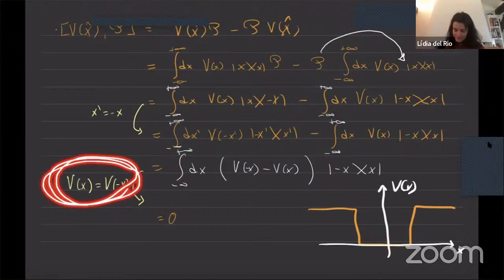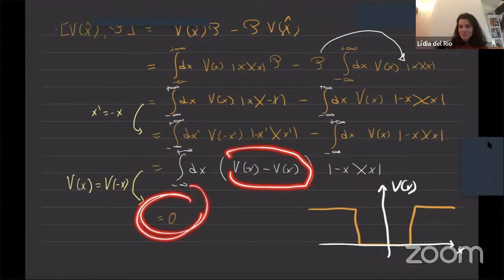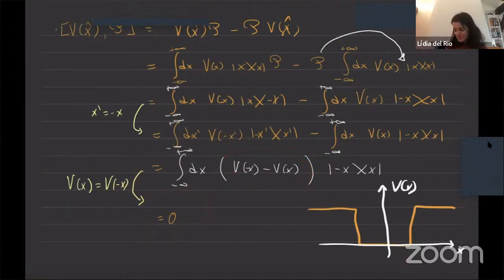So then this term is 0, so the whole thing is 0, right? Whenever you have a problem where it looks like there could be some symmetry, you can choose your coordinate axis very nicely to make the symmetry really precise, so that then you can apply this kind of trick. Then you can define the parity operator and see that it commutes with it. Great. So this is very good.